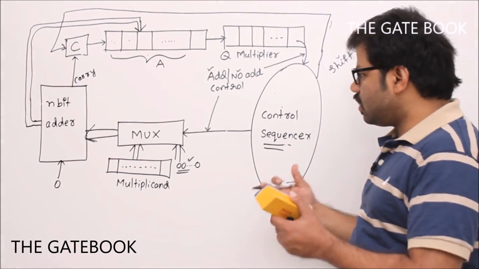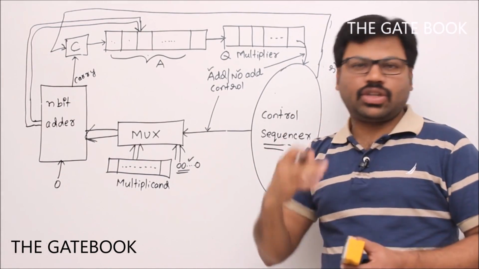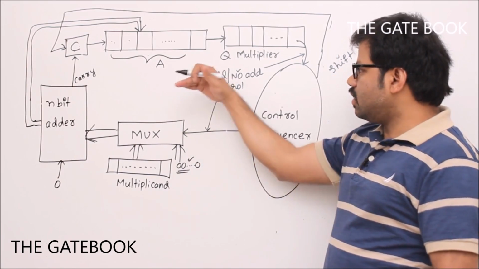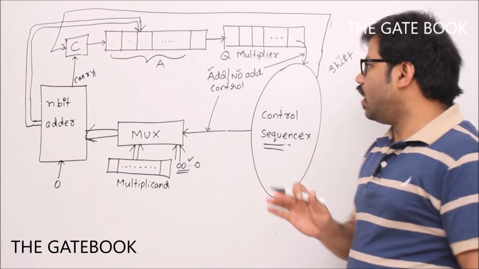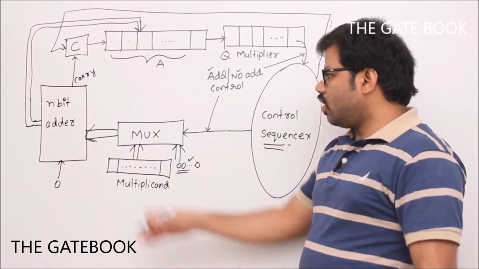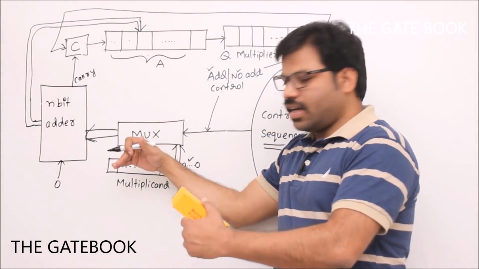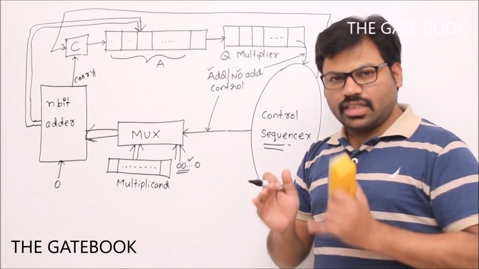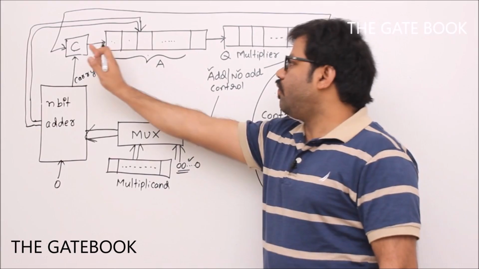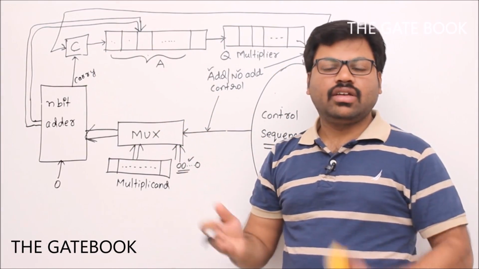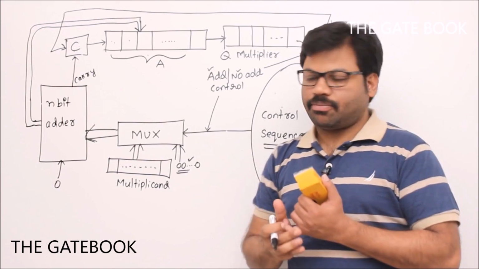We are just seeing the block diagram, not exact circuit details, correct? That is not relevant here. If you understand this level, that is sufficient. While really designing something, we will go to low-level details, like how to design the adder and how this shift register will work. But at this moment you should know that the shift register will move the bits right side or left side, depending on the kind of shift you are using.